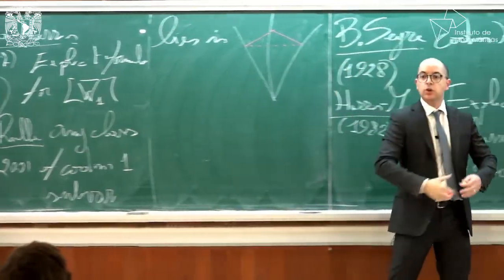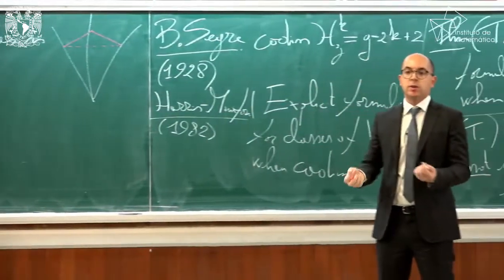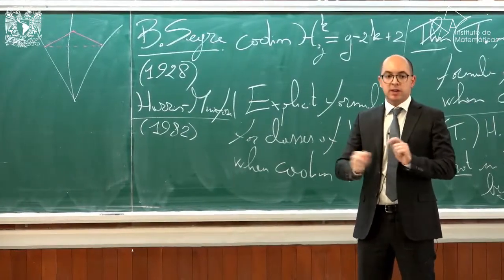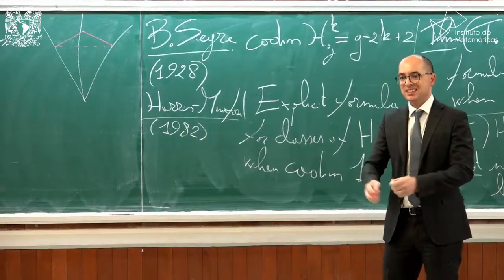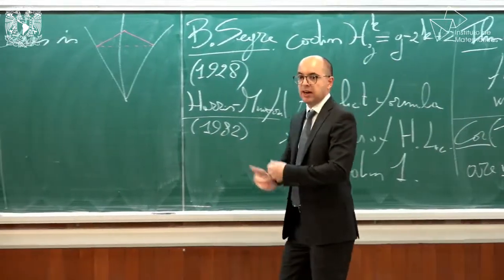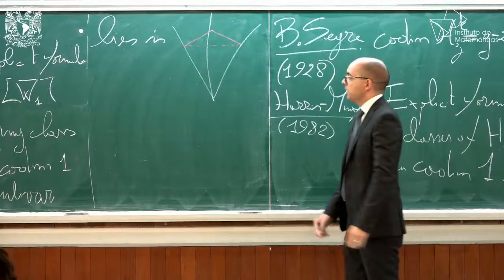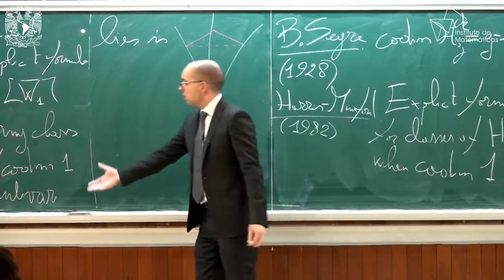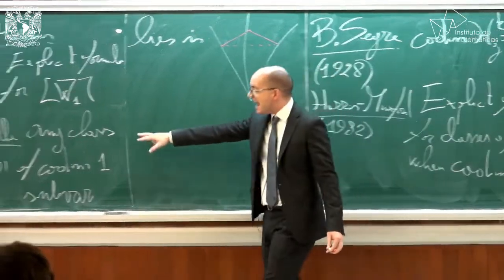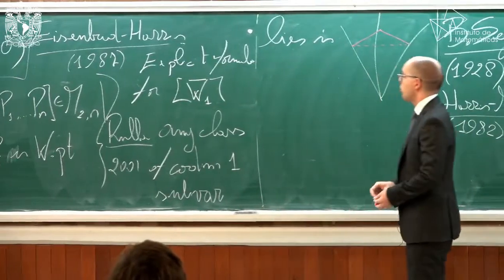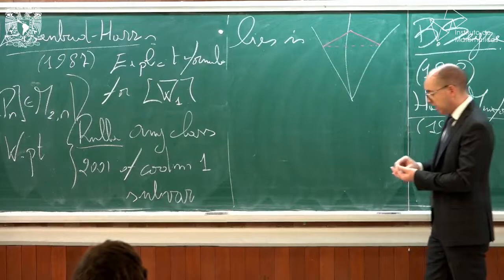If you look at classes of subvarieties, they form a cone, because the sum of 2 classes of subvarieties will still be a class of a subvariety, the class of the union of the subvarieties. And if you take a positive multiple of a subvariety, you define that to be part of the cone as well. And so what happens is that any class of a codimension 1 subvariety lies in a cone generated by 3 rays.